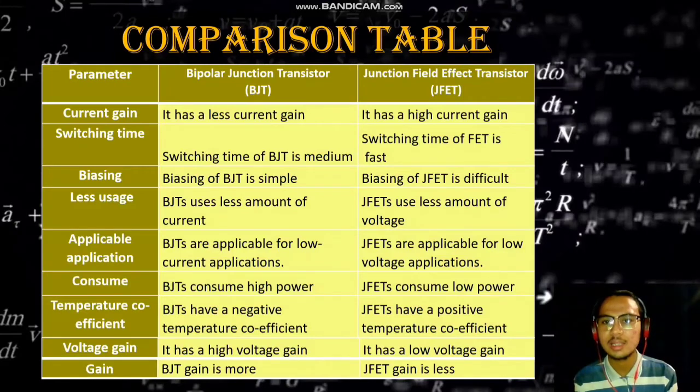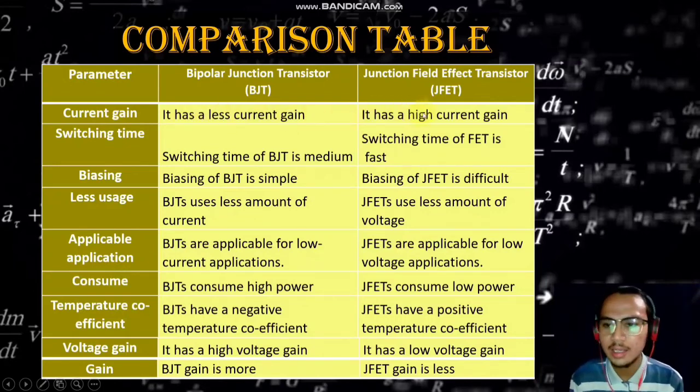Okay, and the last comparison table. For current gain, BJT has less current gain, while JFET has high current gain. For switching times, BJT is medium, while JFET is fast. For biasing, BJT is simple, while JFET is difficult. Next, BJT uses a small amount of current, while JFET uses a small amount of voltage.